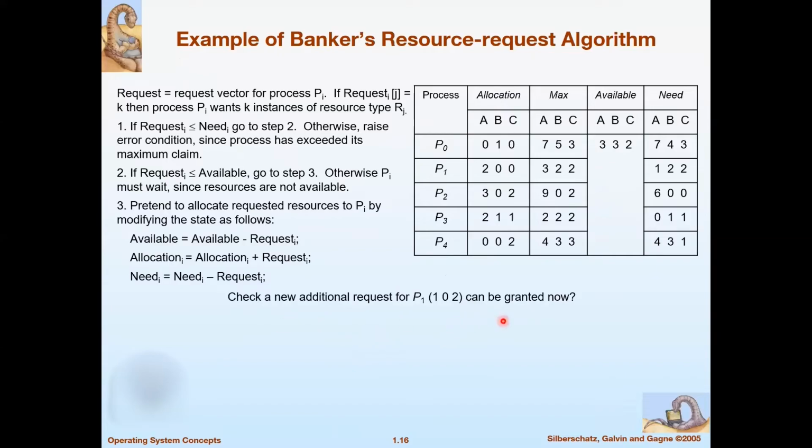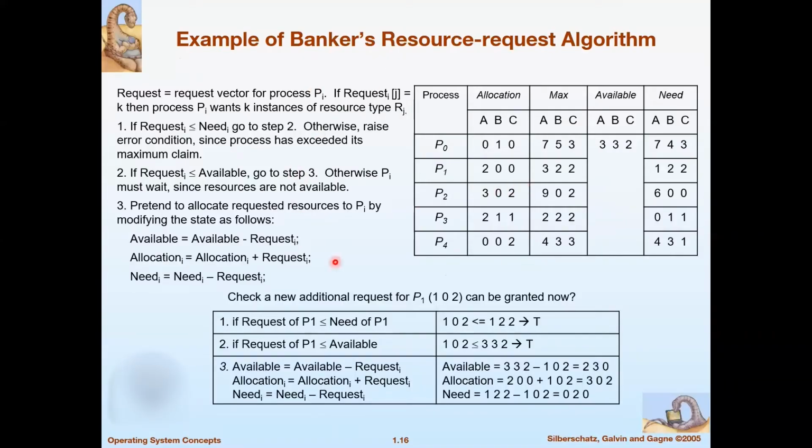granted or not. In the first step of the algorithm, we need to check whether this request vector for process P1 is less than or equal to Need or not. If it is not less than or equal to Need, then the request will be immediately aborted. So we find here the future need of P1 is 122 and it has requested 102, which is less than or equal to the need.